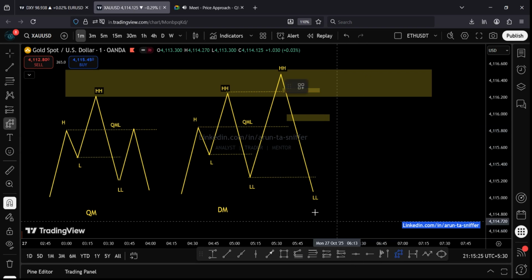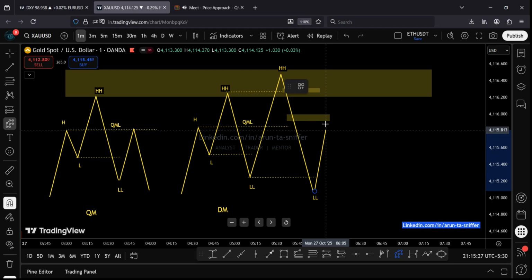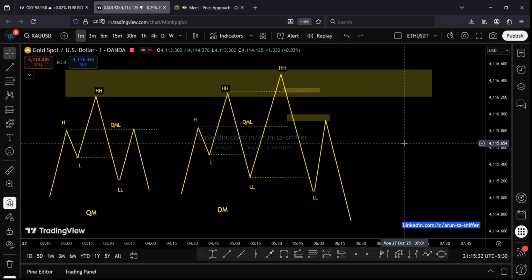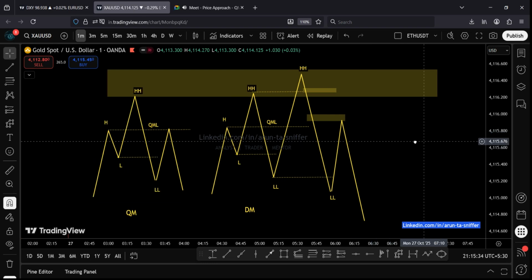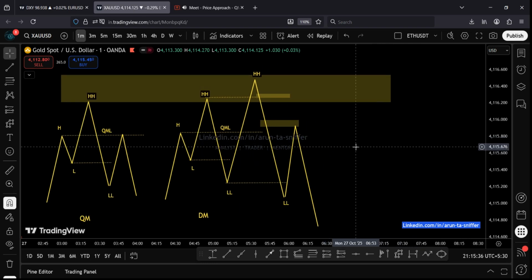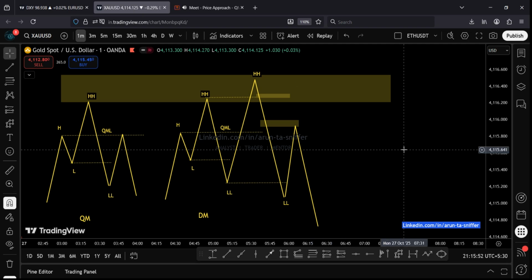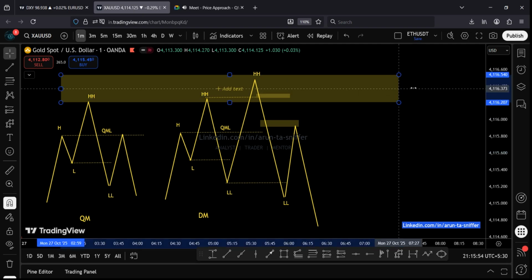So when price goes back up again, you can trade like this. Okay, that's fine.